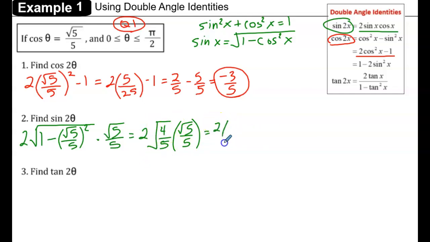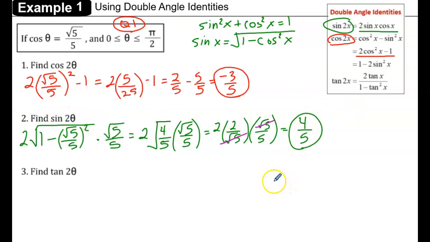So we have 2 times 2 over the square root of 5, and then that's times root 5 over 5. And our square root of 5 in the numerator and denominator cancel, and we're left with a positive 4/5. And so the sine of 2 times theta, so that's the double angle, is equal to 4/5.